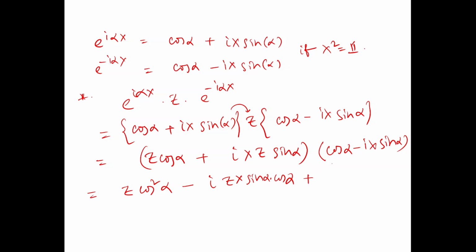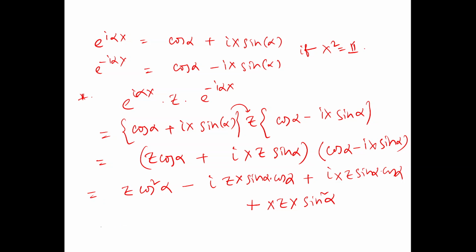Then we have ixz sin alpha cos alpha, and at last we have I square and I square, that will be minus, and there is another minus here, so it will be plus, and you are left with xzx sin square alpha, right?